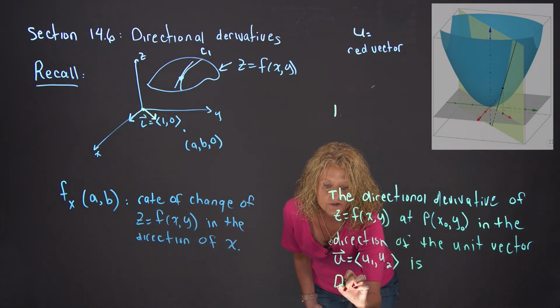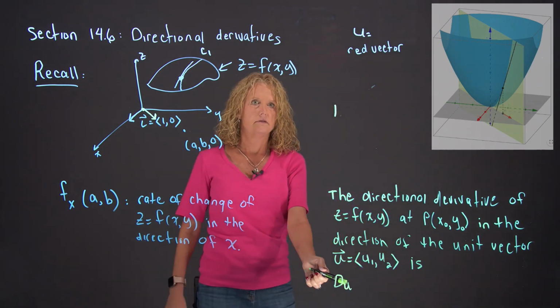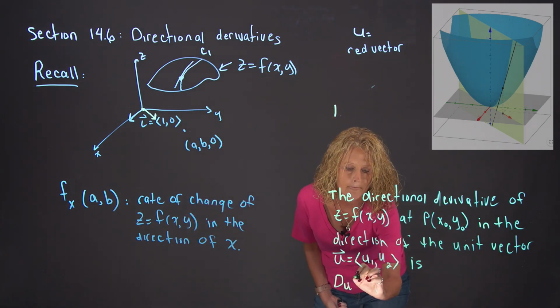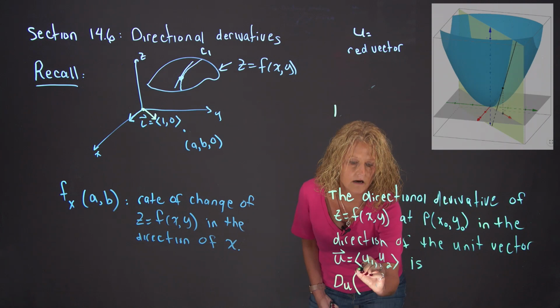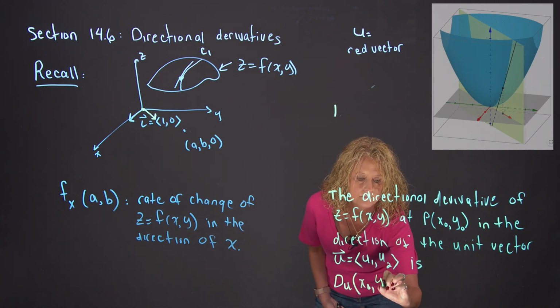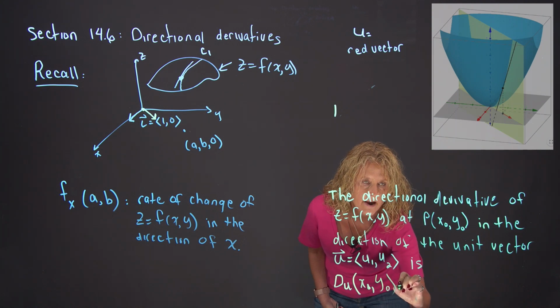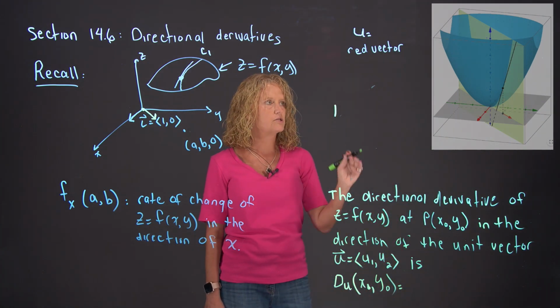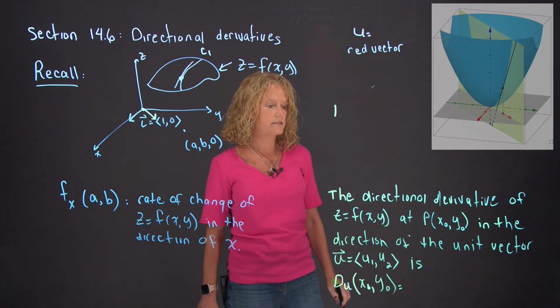So here's the notation we have. D sub u, that means directional derivative in the direction of u at the point x naught, y naught. I know that the output is going to be a number because we're talking about the slope of the surface at that point.